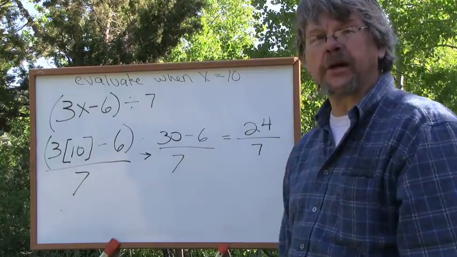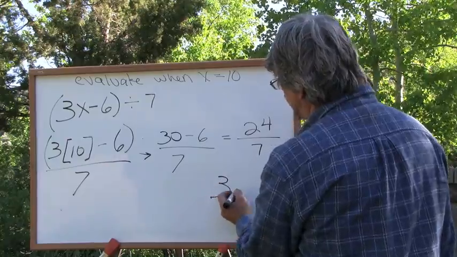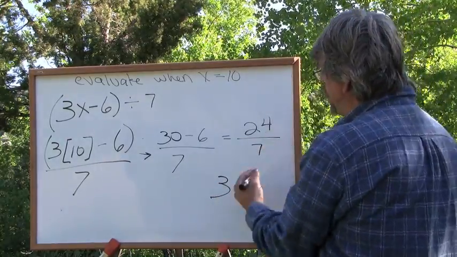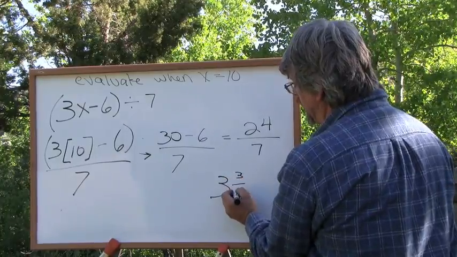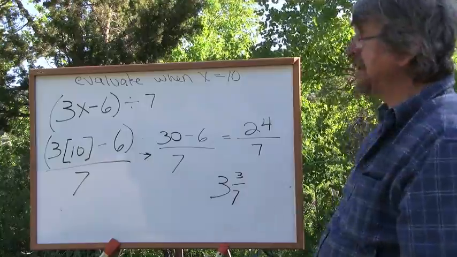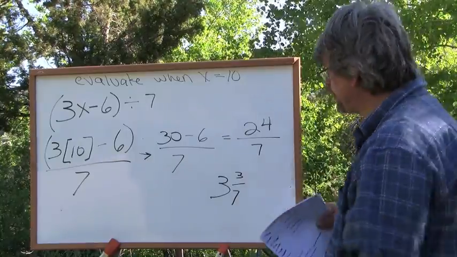So 28's too big, so it's 3, right? So this becomes the mixed number 3. And the difference between 24 and 21 is 3 sevenths. 3 and 3/7. It is sincerely that simple to do algebra.